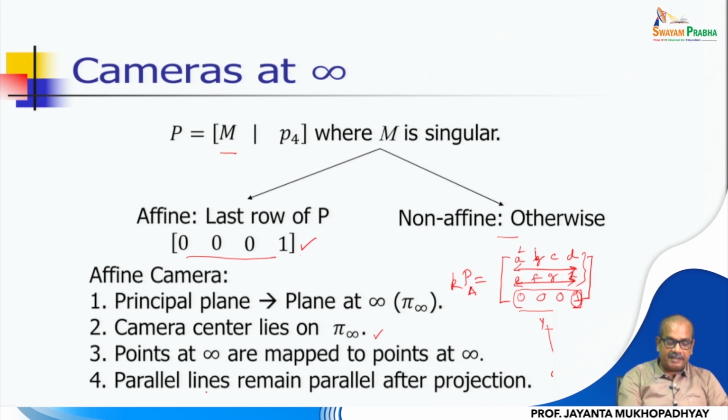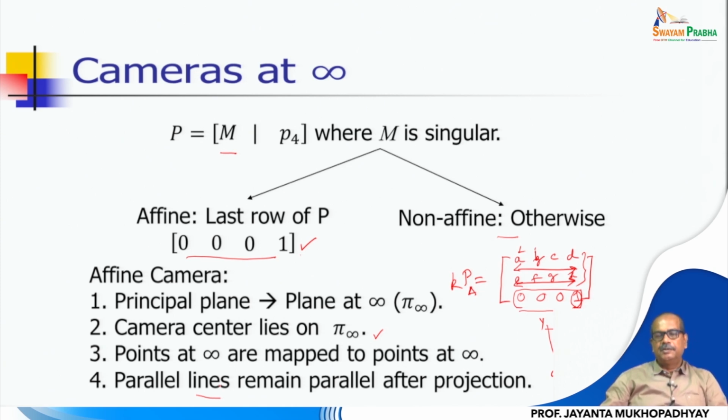The other thing is that in this case, the parallel lines still remain parallel after projection, because when you are having parallel lines, now the point of intersection of that parallel line in the three-dimensional space itself, in the projective space itself, that would be at infinity, which means it is a point at plane at infinity.